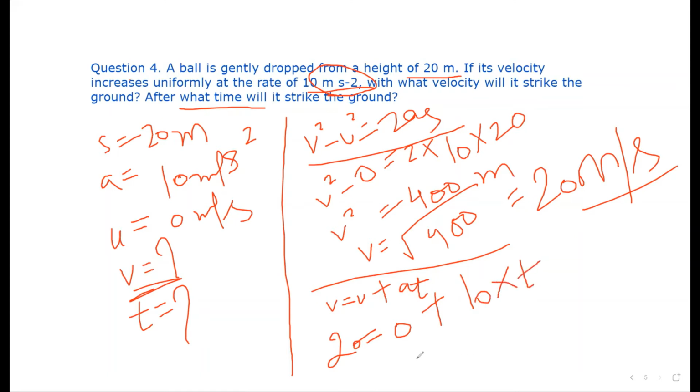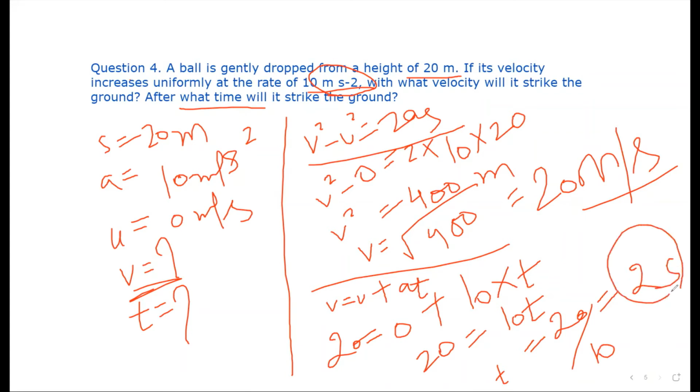So 20 equals 10 T. And T will be 20 upon 10, and that will be 2 seconds. So this is how you can learn how to apply equations of motion in solving the numericals.